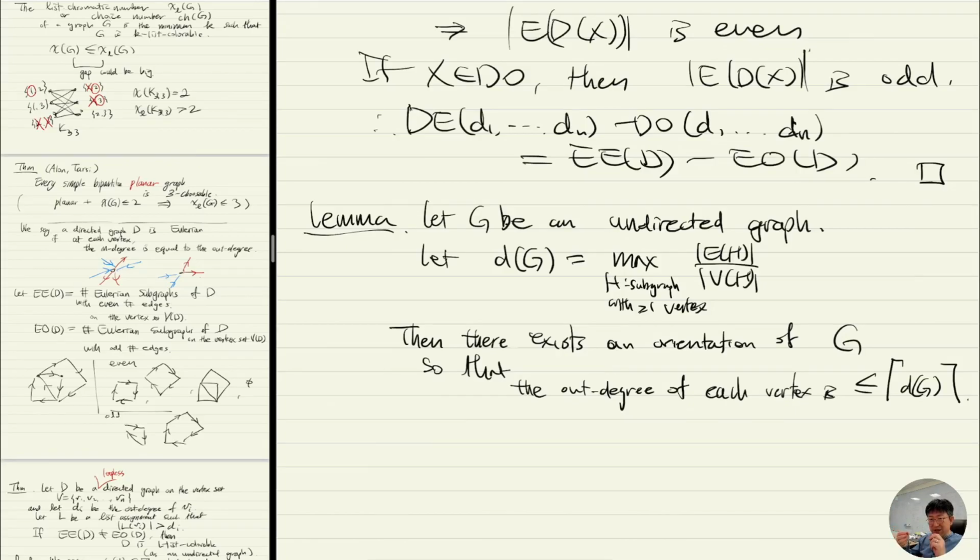So that means you have an ordering. The first vertex you delete, you put it at the last. So you orient every edge incident with this vertex away from it, and apply induction on the remaining. But that will give you an orientation where each vertex has out degree at most twice d. But in this lemma, we are aiming a bit more, right? So we don't need 2.